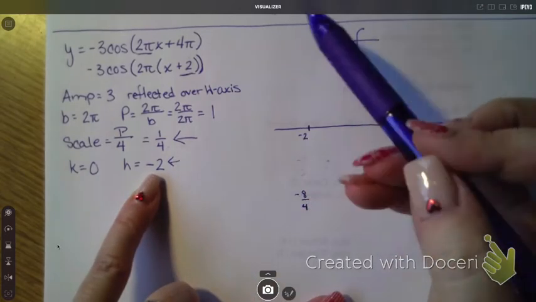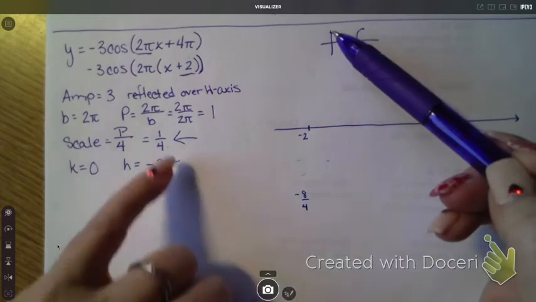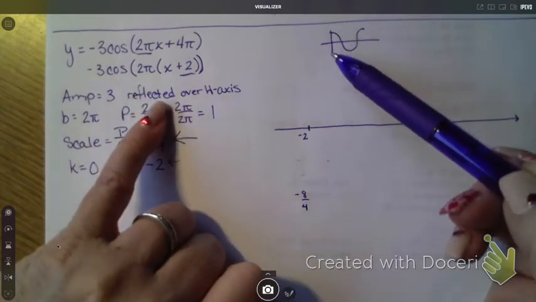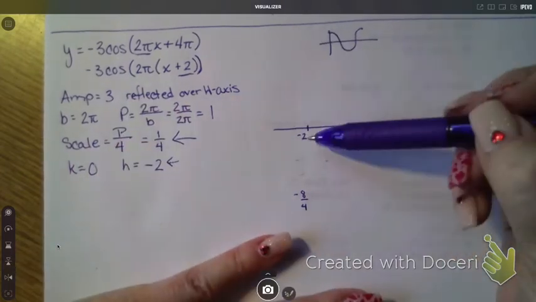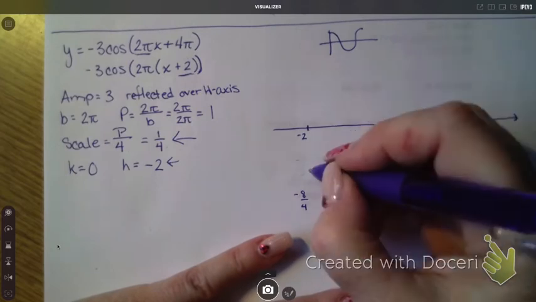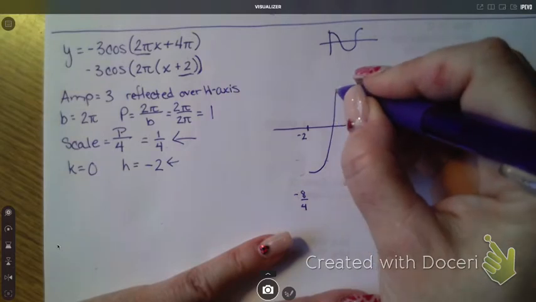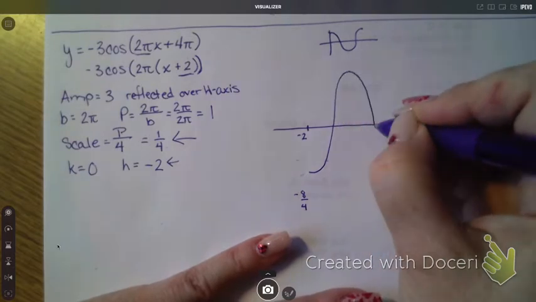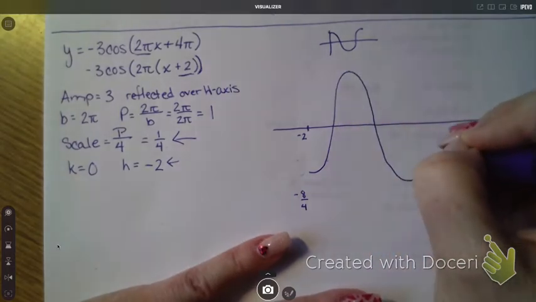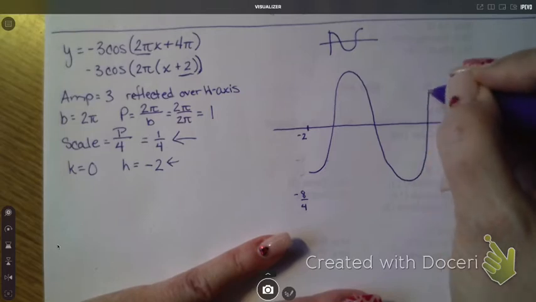Now, we normally start at a maximum, but this is reflected, so I'm going to start at the min. We're going to do 2 cycles again, just so we can get used to that scale.